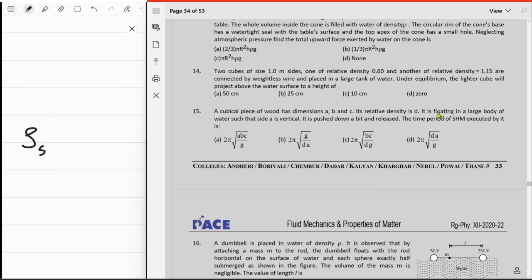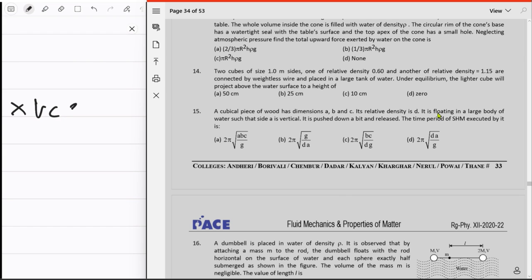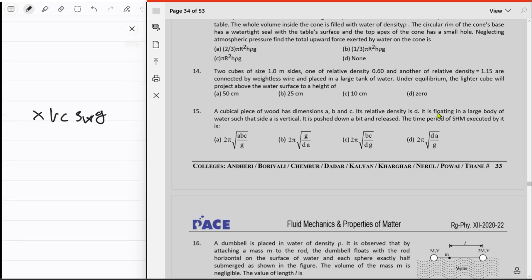What's the volume immersed? Let's say the volume immersed is X times the area, so B times C. That times the density of water times g is the retarding force.